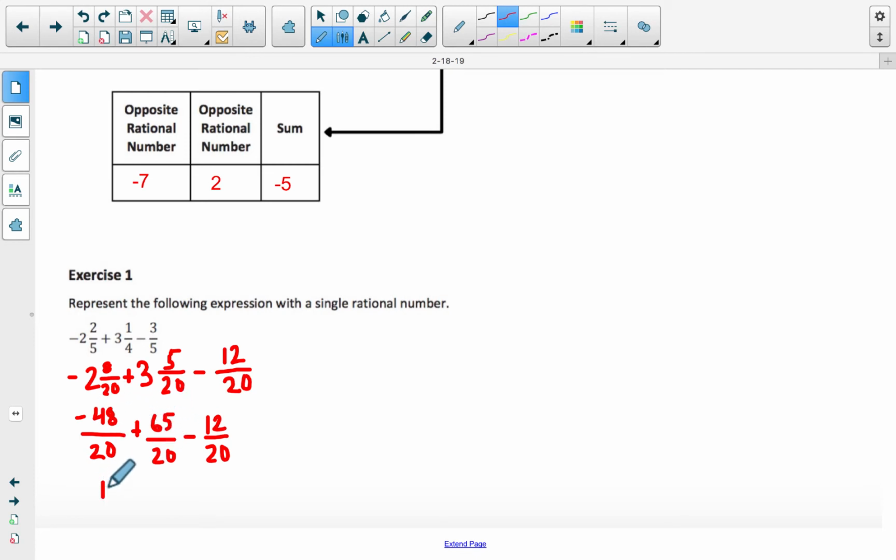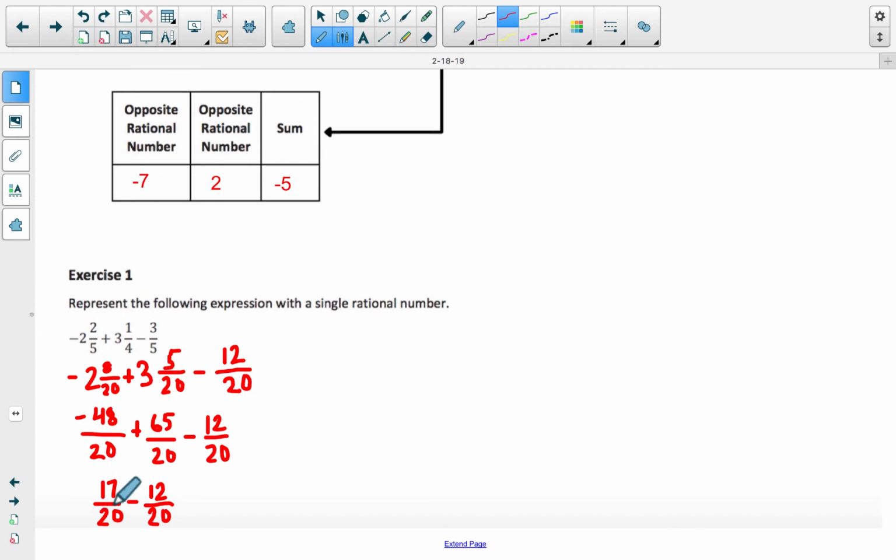So we have essentially 17/20, and we have this -12/20 left, or subtract 12/20, depending on how you look at it. All right.